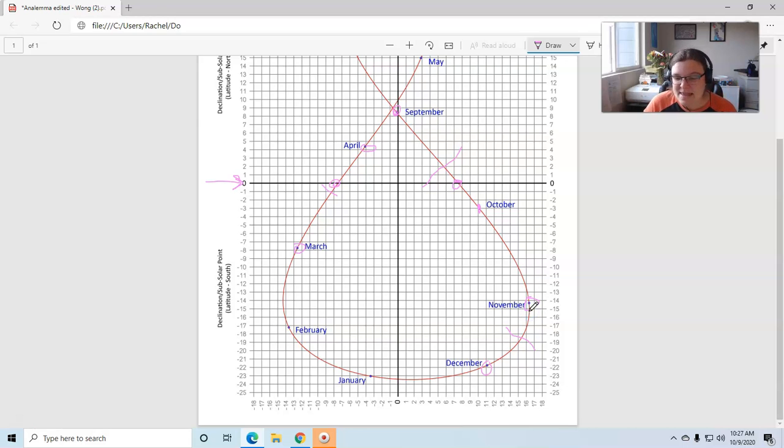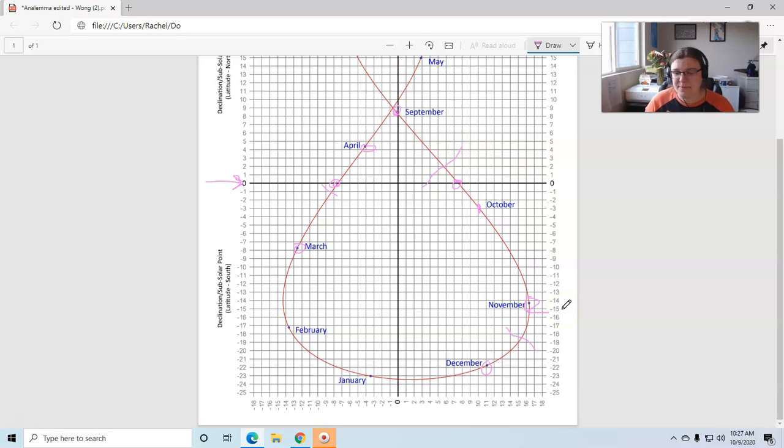So if I guesstimate this is November 5th, let's go ahead and follow it to the side. The numbers on the right of your analemma are the same as the one on the left. Let's see here, negative 15. So negative means either south or west, and positive means either north or east. So you can either say that your declination is negative 15 or 15 degrees south.